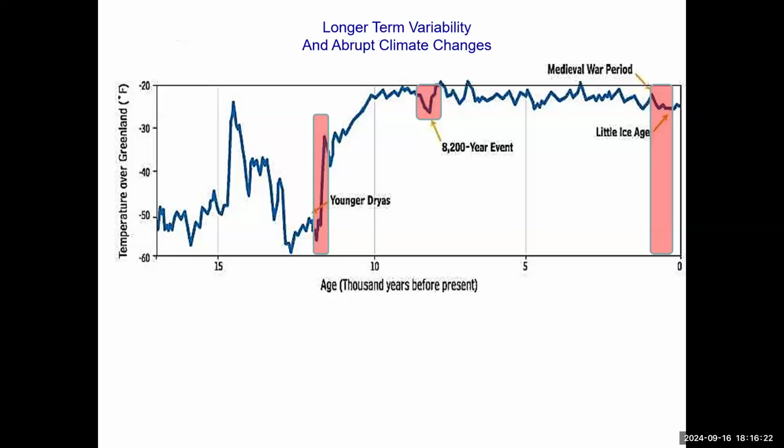And they said this change took place in less than 20 years. This cold period approximately lasted 150 years, and the warming was just as rapid, showing an increase over a period of 2 decades.